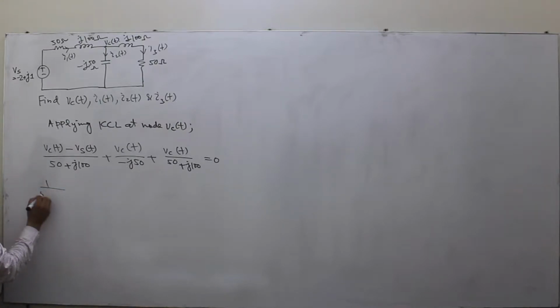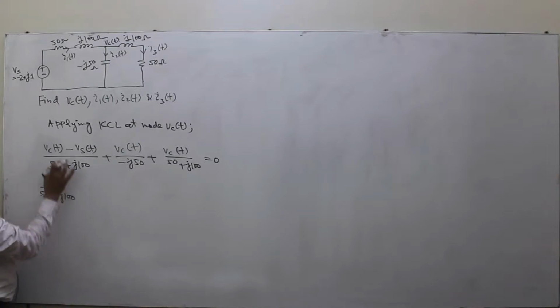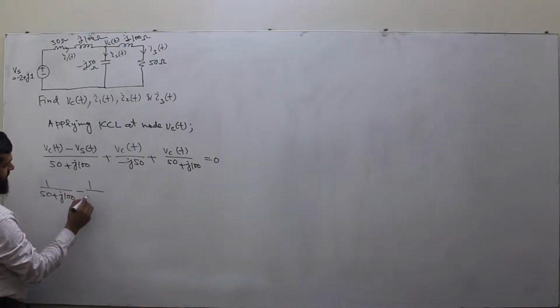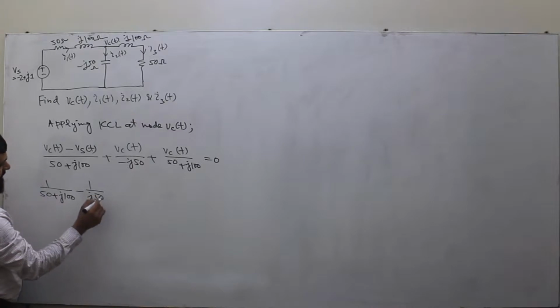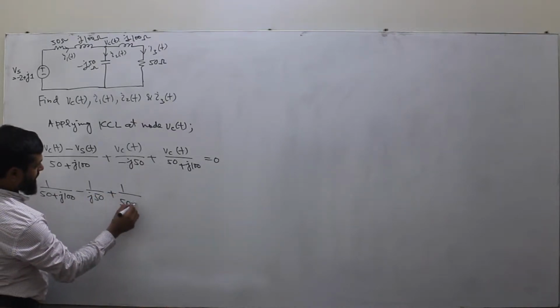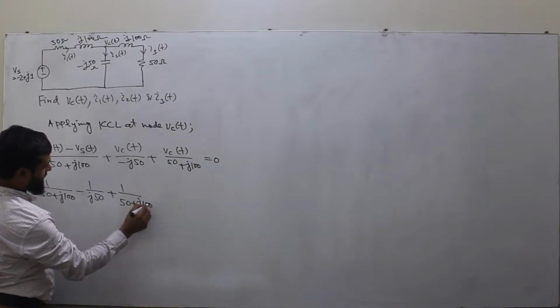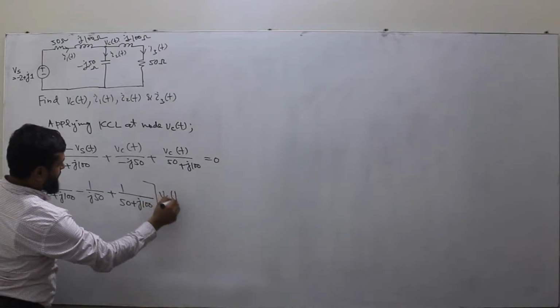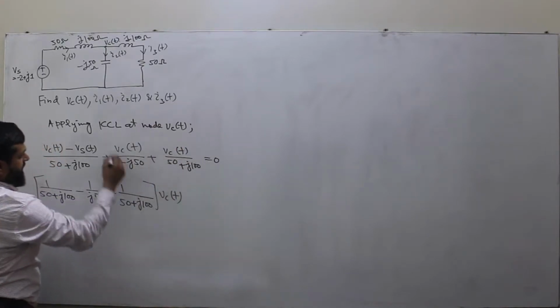Again, 1 over 50 plus j100, plus 1 over minus j50, plus 1 over 50 plus j100, all multiplied by Vc(t).